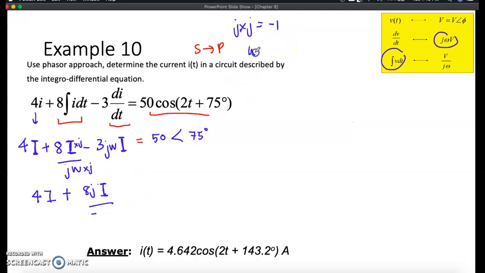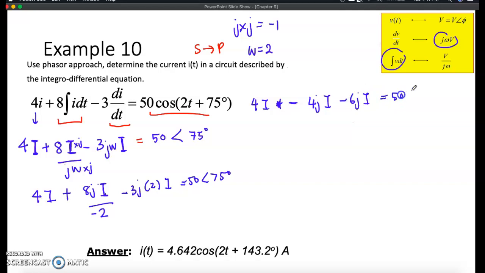And in this question, the omega here is equal to 2, so it becomes minus 2 minus 3j2I is equal to 50 angle 75. Let's simplify further. 4jI, so it's not plus here, it is minus 4jI minus 6jI equal to 50 angle 75 degrees.